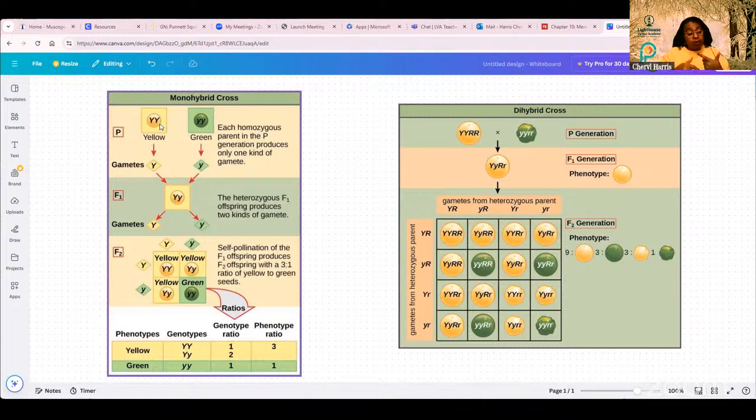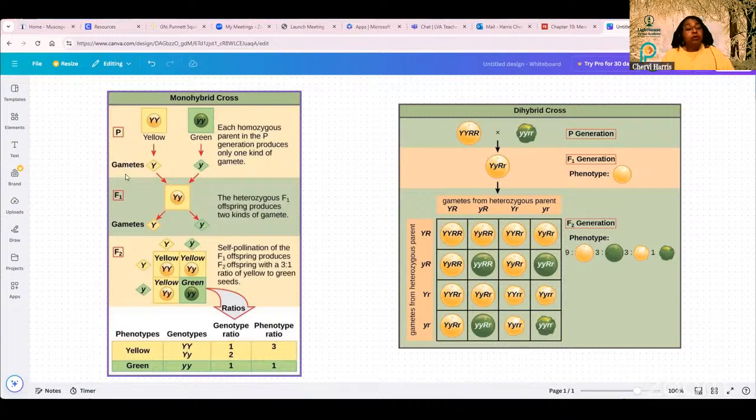Only one becomes viable, and the other three just kind of go away. And there are definitely four sperm created. And in each of those, you're going to have one capital Y or one lowercase y. So that's what it's showing you here, the gametes.